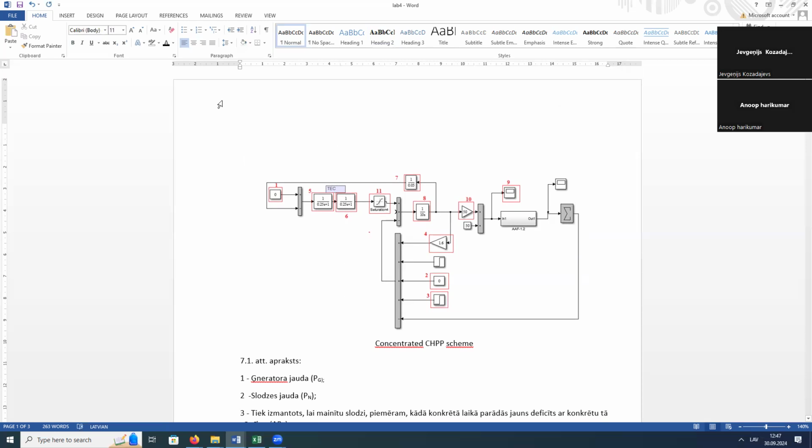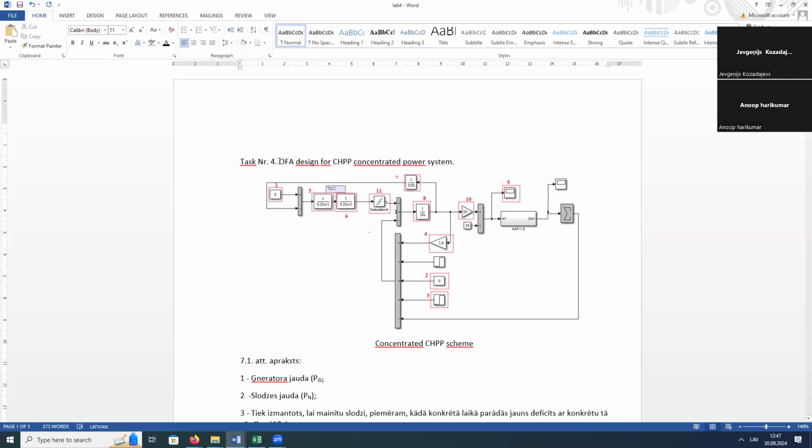Okay, first of all, let's write the task. Task number 4: Out of frequency automation design for CHPP concentrated rated power system.